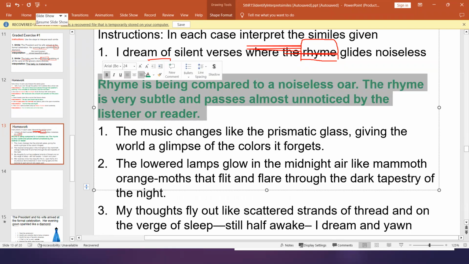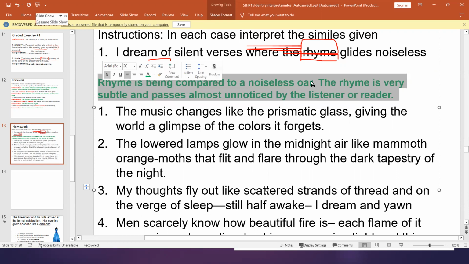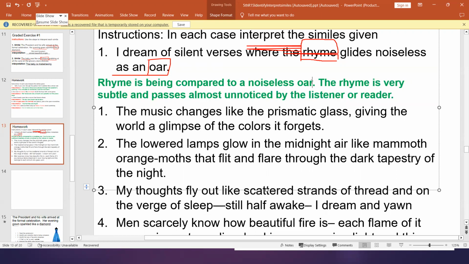Also included in there is the idea of rhythm, right? Because as you glide the oar back and forth, it has rhythm. So they're also saying that the rhyme is rhythmic, and they use the word glide, so it's soothing as well. So the rhyme is being compared to a noiseless oar.